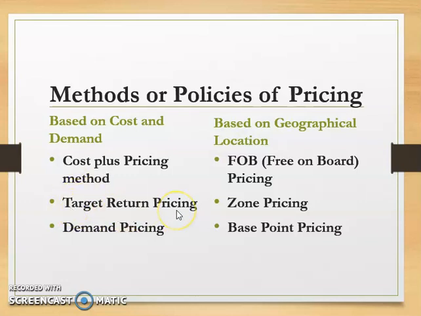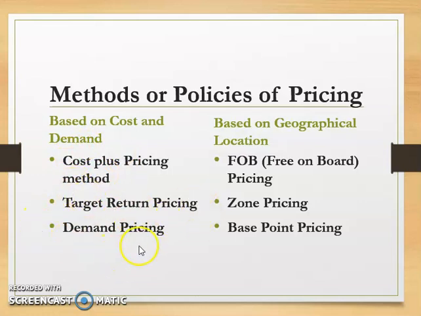Okay, next is the target return. Target return is determining the price based on the target rate of return on investment, which will be expected on the cost of production, and the cost of selling also. So this is based on the return, which is based on the production cost.